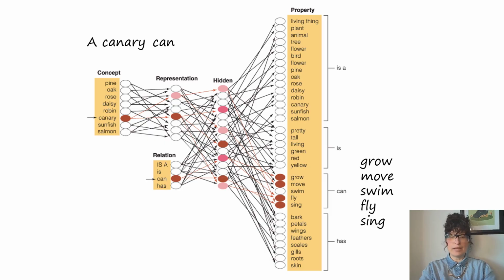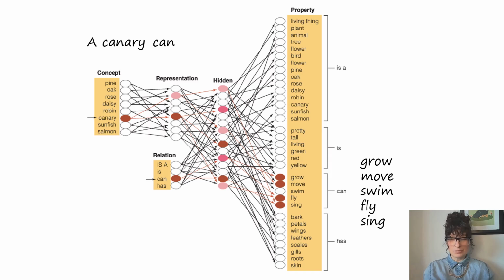But keep in mind that you can't see the connection weights, only the results from the connection weights. And even then, with the limitations of grow, move, swim, fly, sing, there's still going to be some that are going to be represented more strongly than any of the others. Other than swim, right?